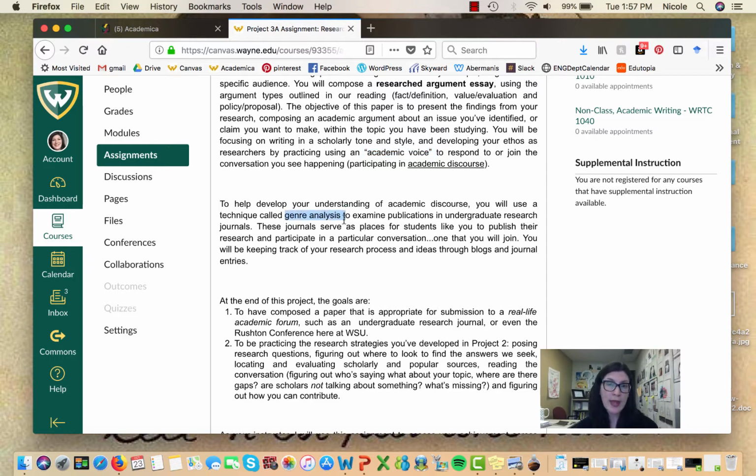is a quick and dirty bit of genre analysis, which basically means we're going to look at some sample academic papers, actually papers that have been published in undergraduate research journals by undergraduate students just like you. So we're going to be looking at these to see what their features are, what makes them good, what maybe you might want to revise if you were writing something like this.